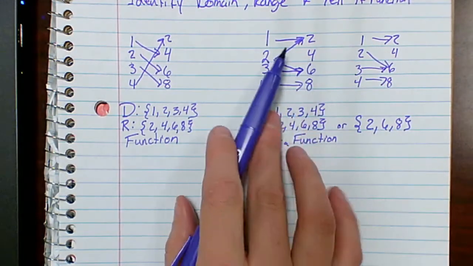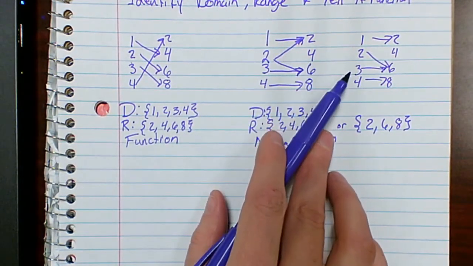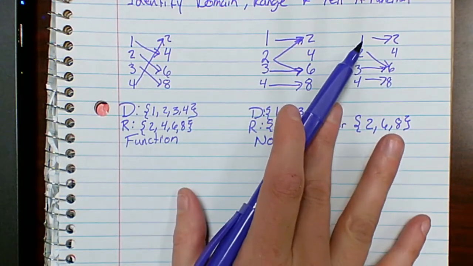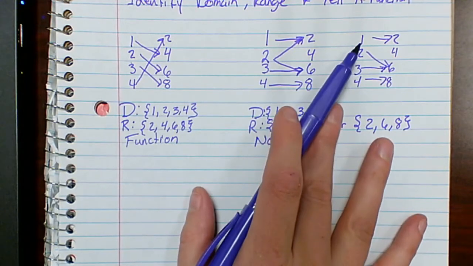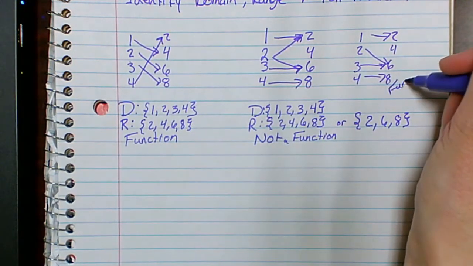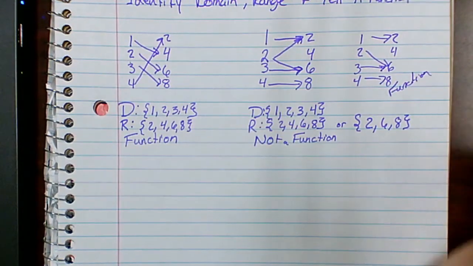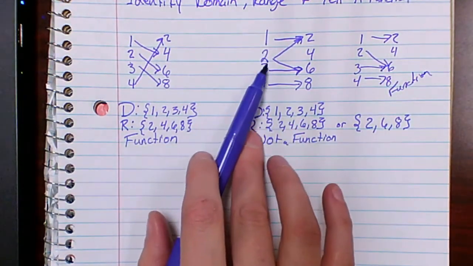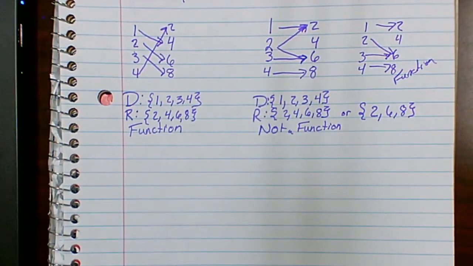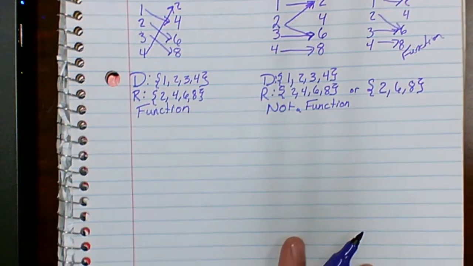So it's almost like saying a pen and a marker are both $6. So as long as one arrow is coming from one of these domains, it is a function. So this one is a function, where this one is not a function because 2 goes to 2 and 6. So those are maps, or relation maps.